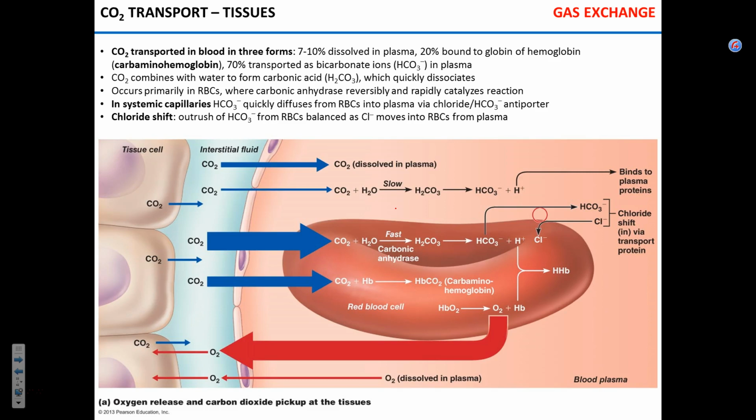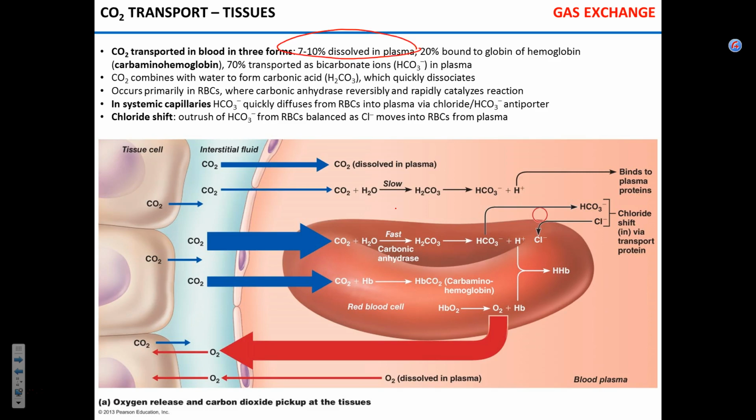Now, we're getting to, for me as a former chemist, the most interesting part of respiration, the transport of carbon dioxide in the blood. It's really cool. So it is transported by 3 routes.